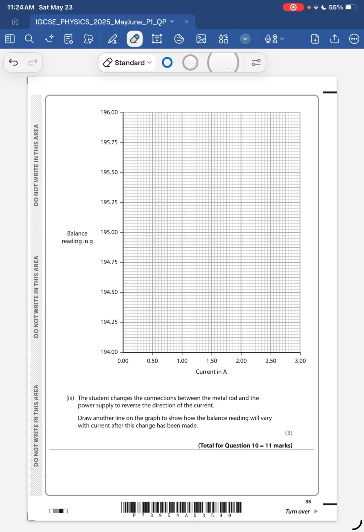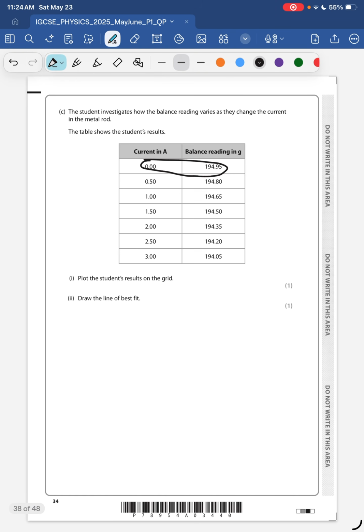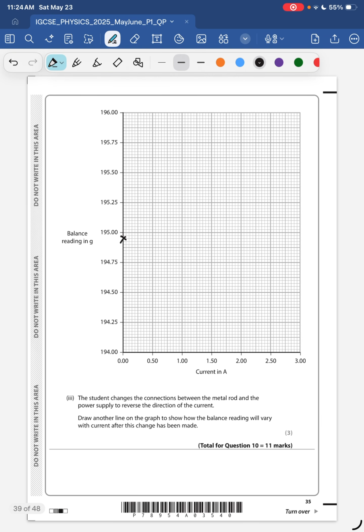Yes, that looks correct. So that point, and then the second pair 0.5 and then 194.80. That's going to be that point. Now I'm going to speed up the video. These are all the data points.